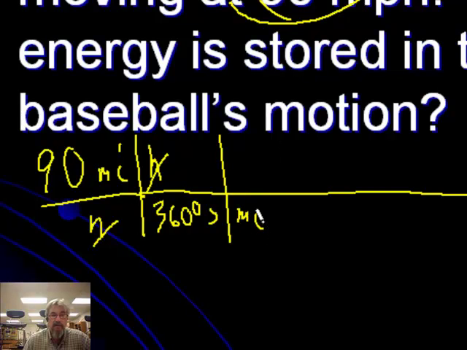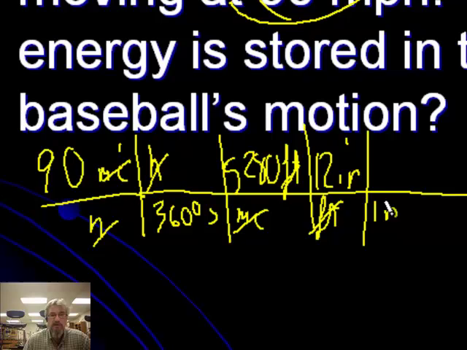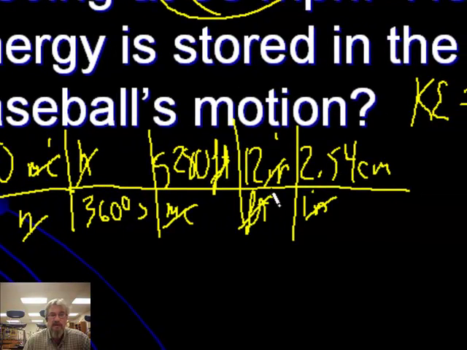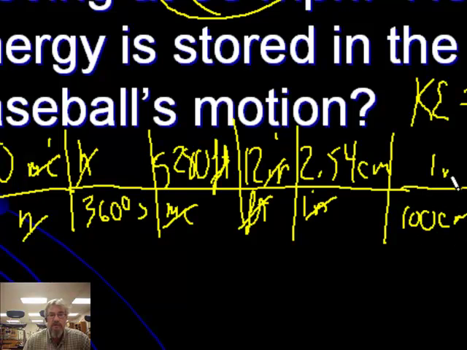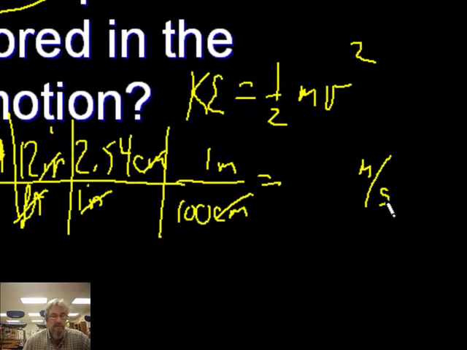A mile is 5,280 feet, and that would get us into feet. And then a foot is 12 inches, but an inch is 2.54 centimeters. So now we're in the SI system, and 100 centimeters is the same as a meter. So that gives us meters per second.